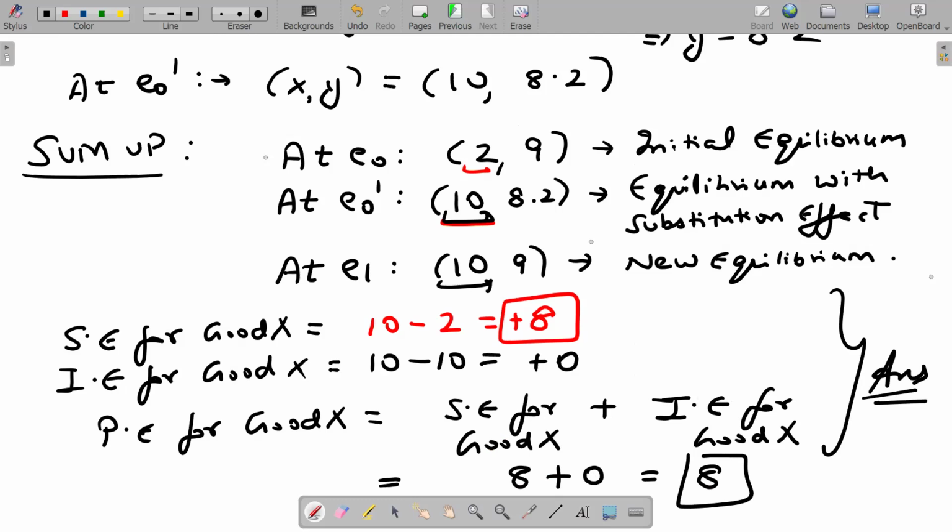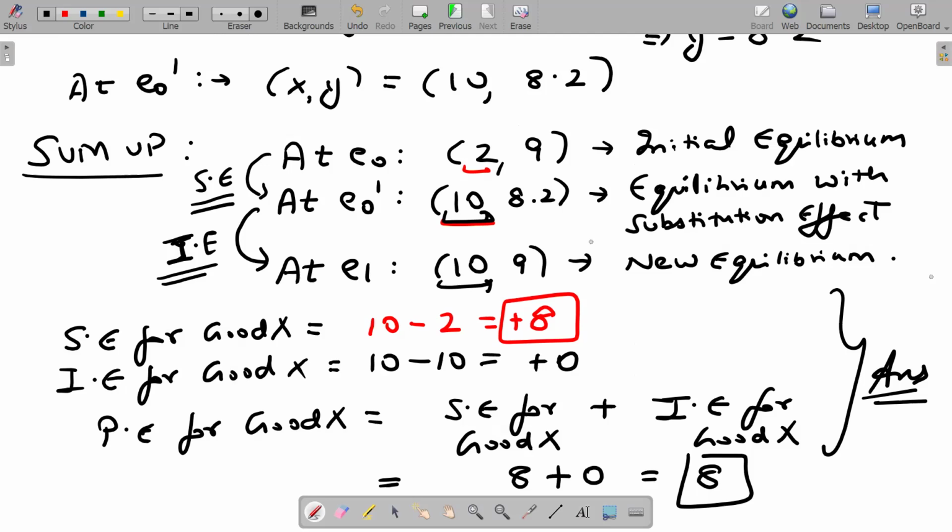Remember, movement from E0 to E0 dash denotes the substitution effect, and the movement from E0 dash to E1 denotes the income effect. I've done a lot of practice questions based on this particular concept in my intermediate microeconomics part 1 course.